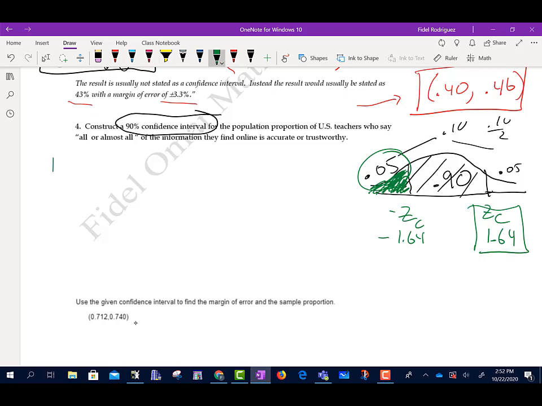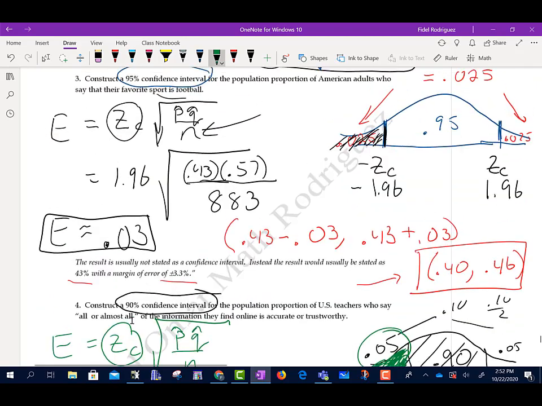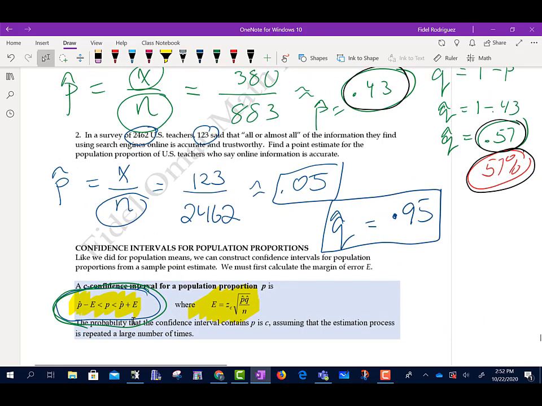So remember, my formula is going to be ZC times the square root of p hat q hat all over n. Okay? We just found our ZC value to be 1.64. I'm going to do a big square root, and I'm going to scroll back up here because we did this problem earlier. Here we go. Here was our p hat, and here was our q hat.